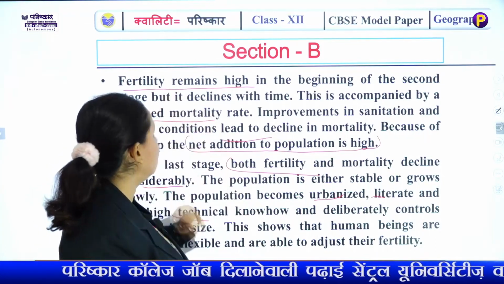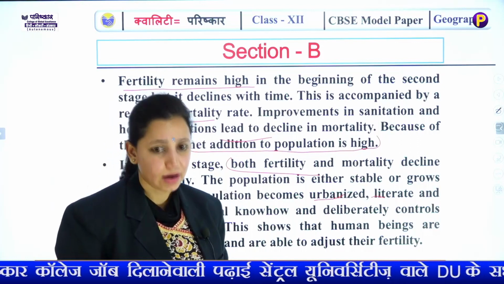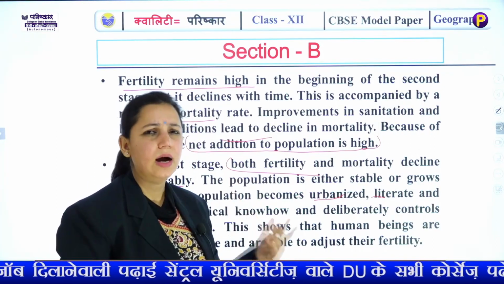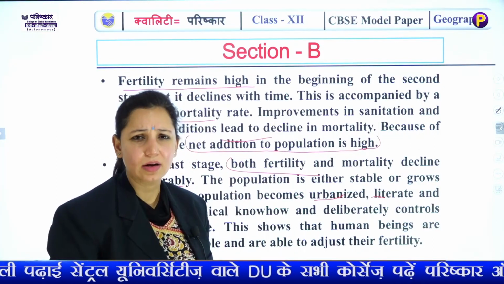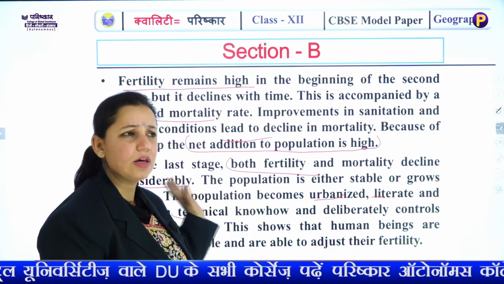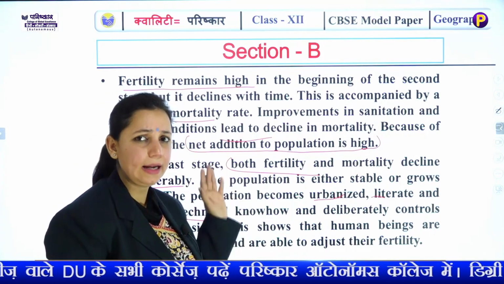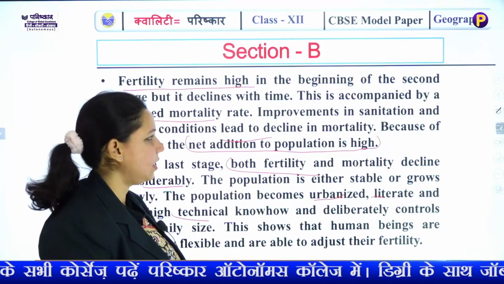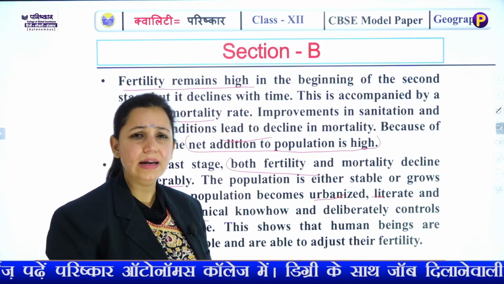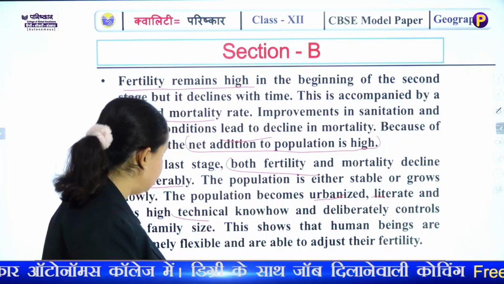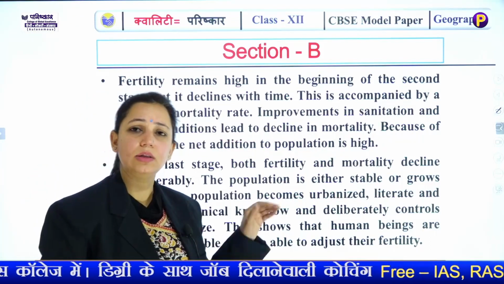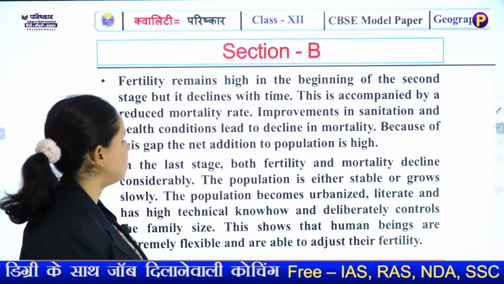India fits in the second stage, and the first stage is the underdeveloped countries, mostly African countries, which is mainly due to their illiteracy and very low or nil economic development. So here you have to explain all the 3 stages step by step.